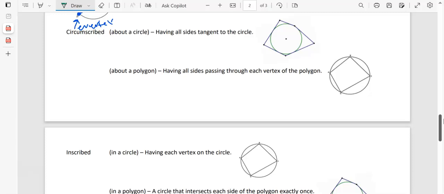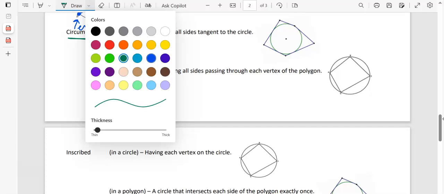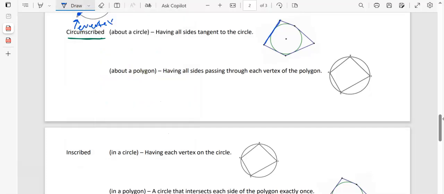When we talk about being circumscribed, that is the shape that is going around on the outside. So if we are circumscribed about a circle, this polygon is circumscribed about a circle because it is outside the circle. And the definition of that is having all sides tangent to the circle.